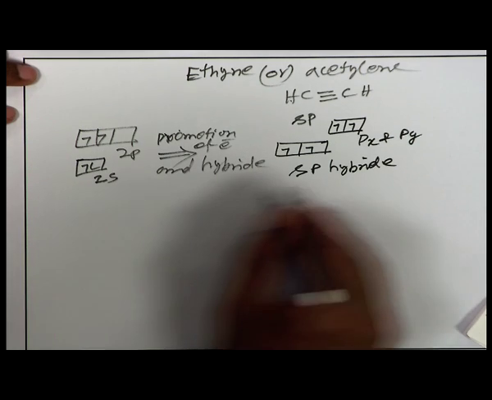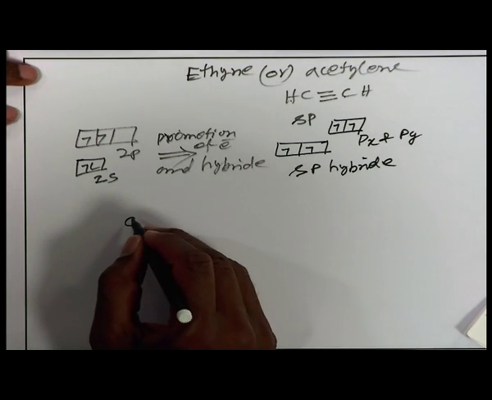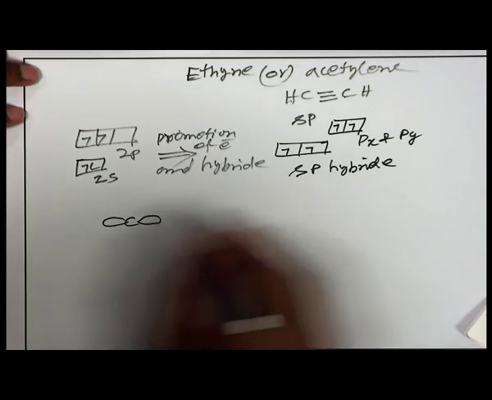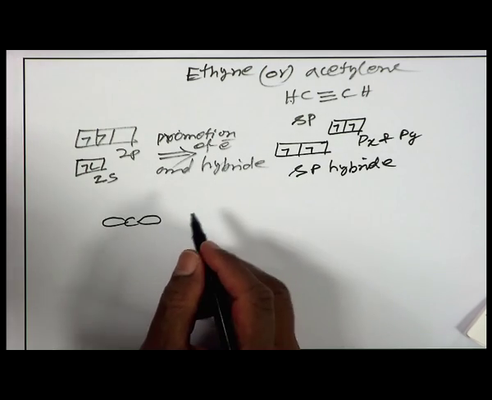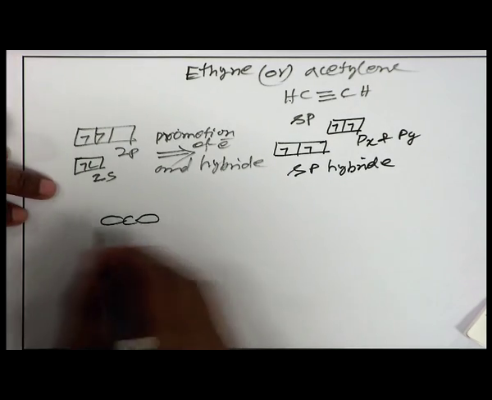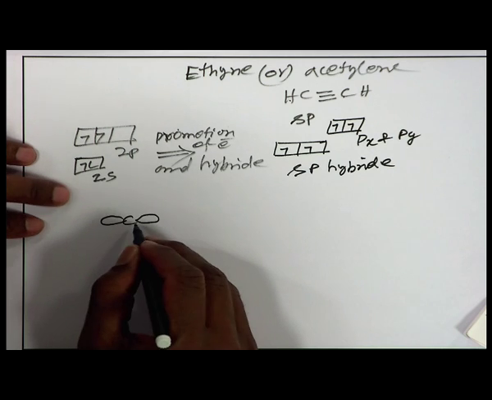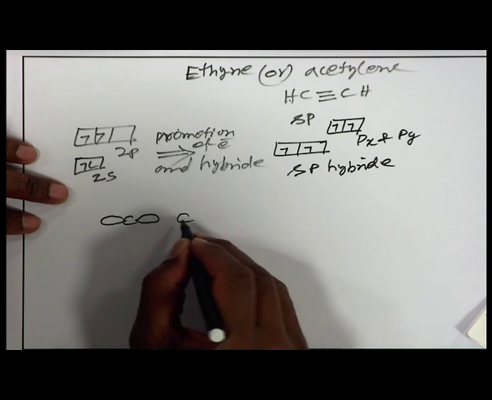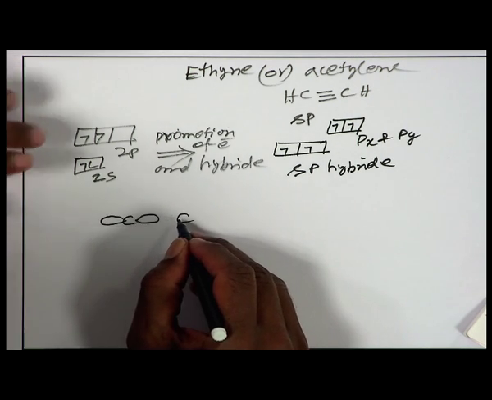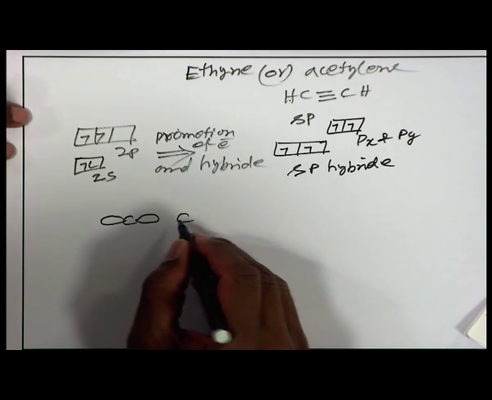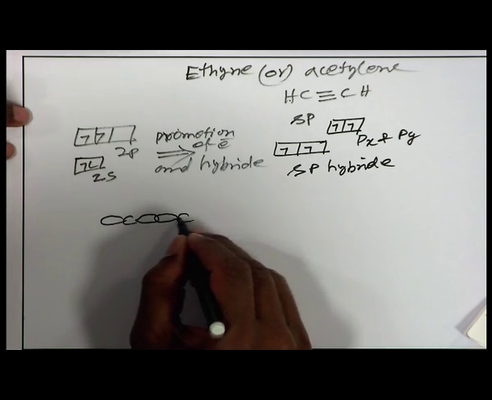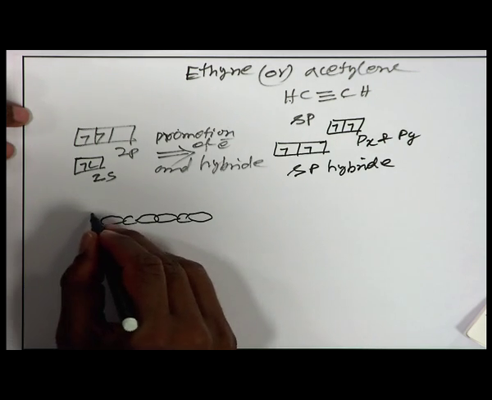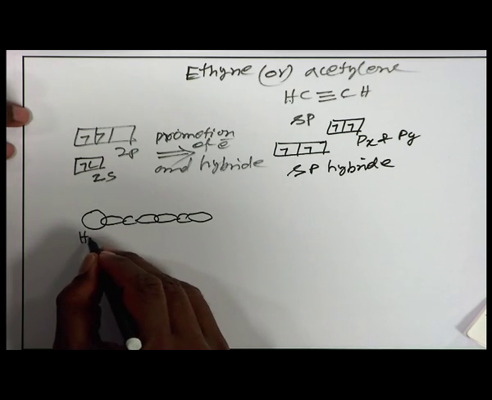Now you have a carbon containing sp hybridized orbitals which point in opposite directions. Similarly you have another carbon here, which also contains the same type of sp hybridized orbital that can overlap with this carbon's sp orbital, and then the other orbital can overlap with the hydrogen 1s orbital.